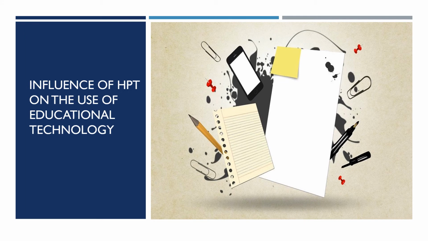The role of HPT in teaching and learning with the use of educational technology looks at educational technology not as a tool, but as a change agent. It changes the way people learn and the way people perform. The focus is not on how to use the educational technology. The focus is on how to meet the goals, according to Spectre 2015.